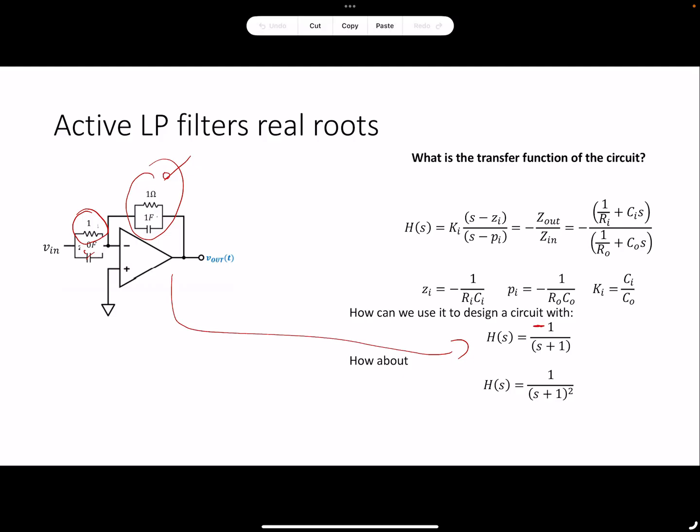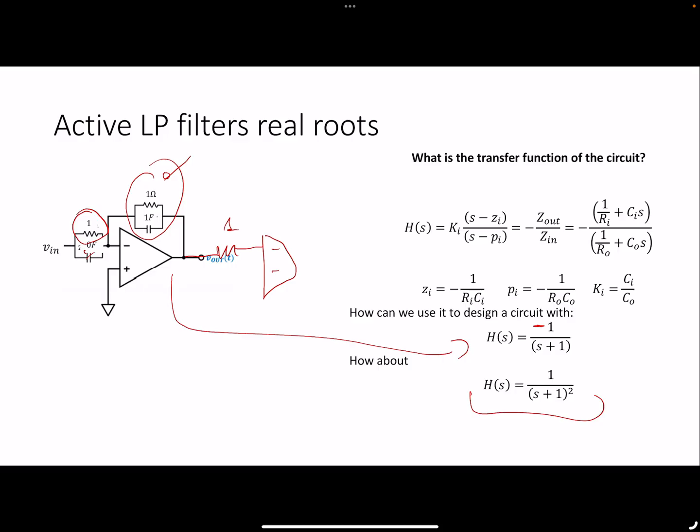So how would we be able to get this transfer function? What can we do? Exactly, so we can just basically connect a 1 ohm resistor to this output, and then put a minus plus, and then we have 1 ohm, and then we have 1 farad, and then this will be our output, V out.